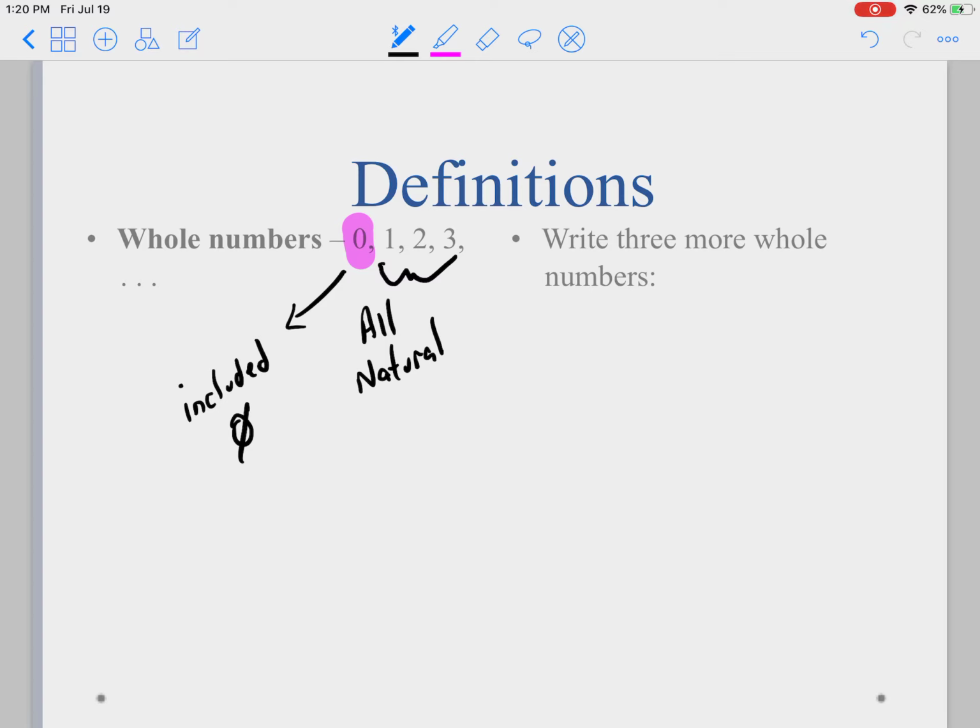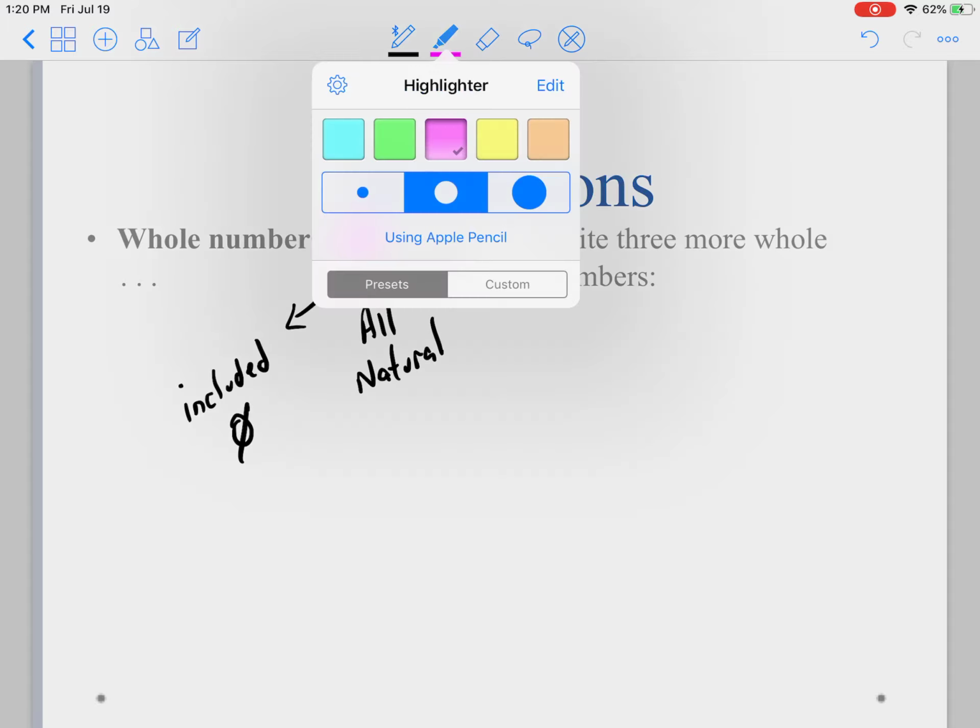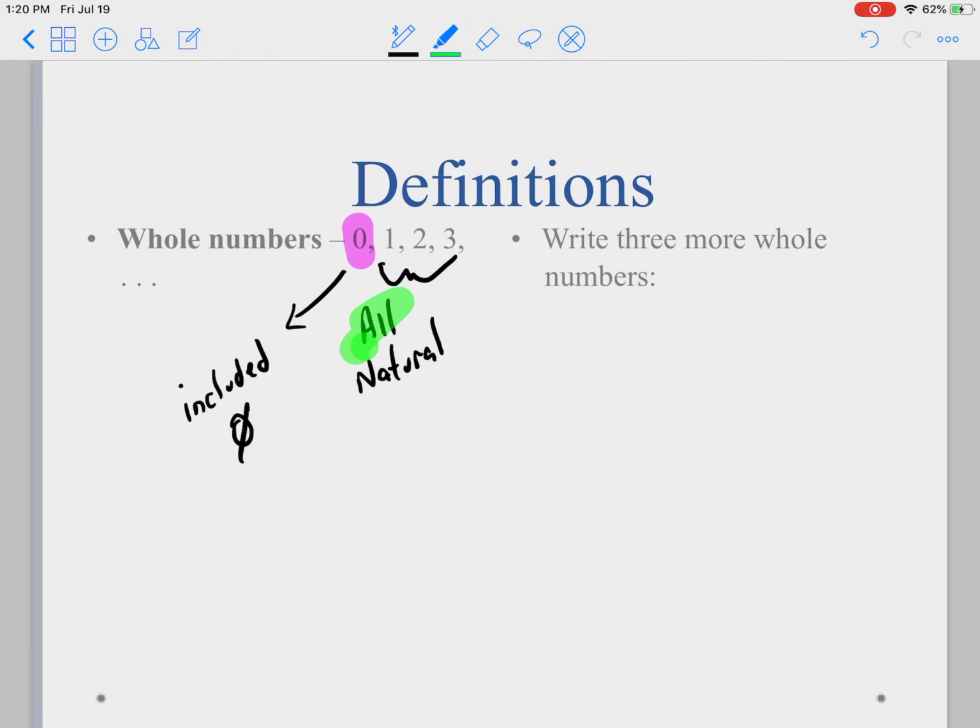So that is the only difference between the natural and whole numbers. So again, hit pause. See if you can write 3 more whole numbers. Well, that one could be tricky because you think, all right, we've got 0. That's the only additional number that's in this set. But remember, we also said that we include all natural numbers. So we could just as easily use the same numbers from the previous classification of natural numbers.